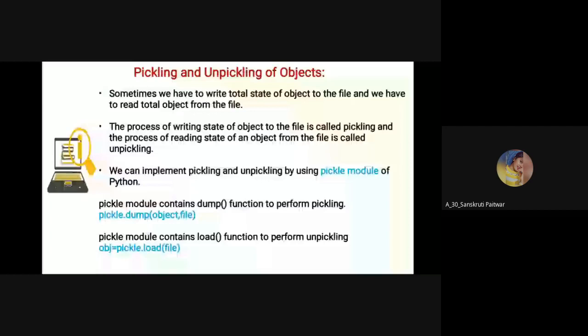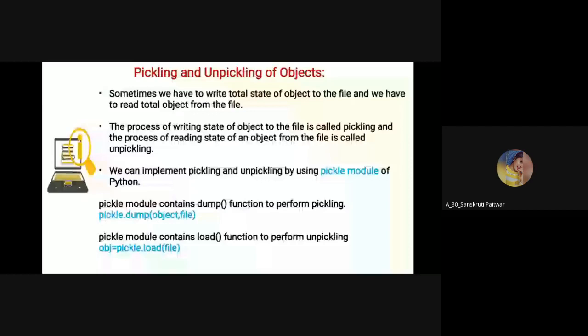It is required if you are working in a network, where many times you have to share class information with another programmer. At that time you cannot send the whole code to that programmer. Instead, you can write the state of that particular object into one file, and share that file with the other programmer, who will read that information and create the object from that text file.